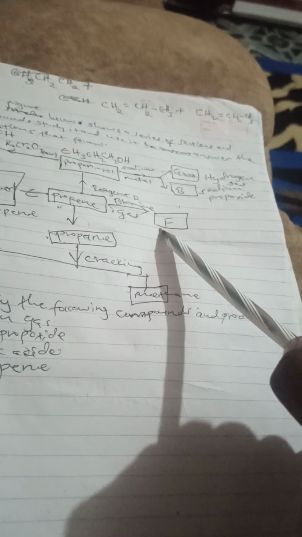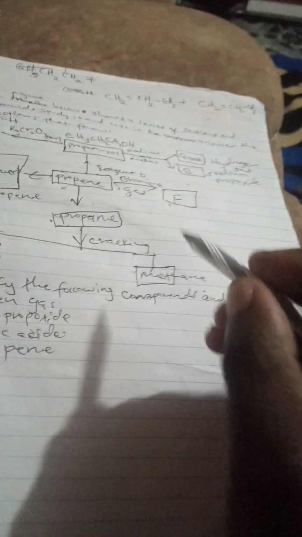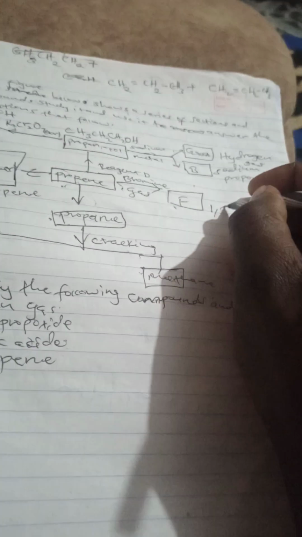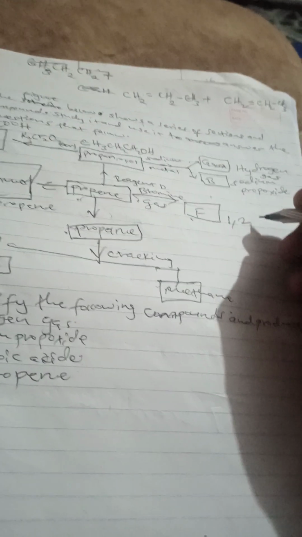And for us to get that compound F, propene will react with bromine gas, and if propene reacts with bromine gas, it will form 1,2 dibromopropane.